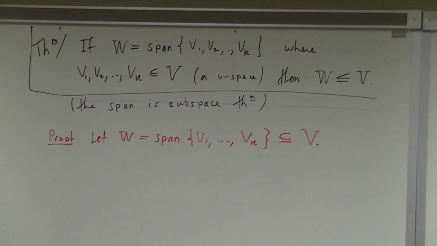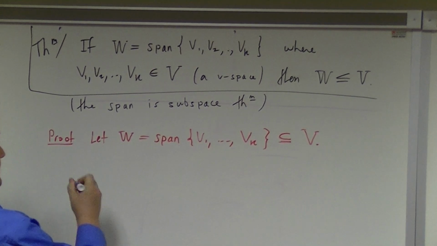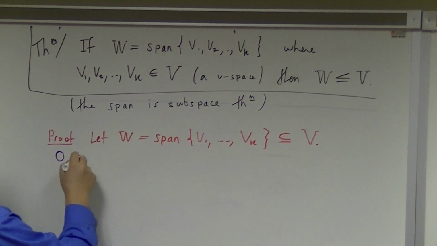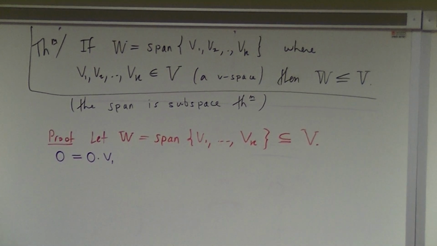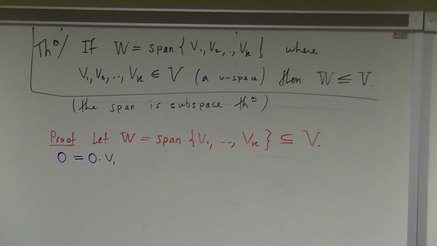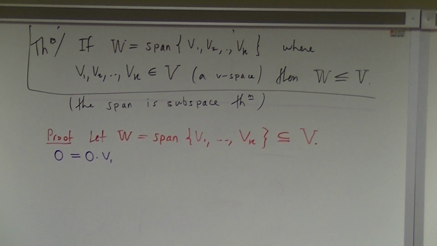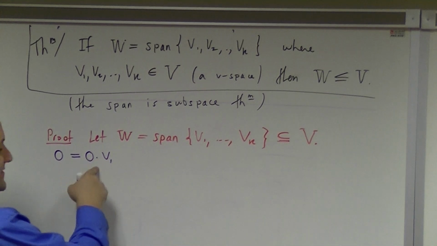Now, to show it's non-empty, you've got a lot of different things. How about let's pick out the 0 for a second. How do you get 0? How about this? 0 is equal to 0 times V1. That was one of the boring things in the theorem I started with today. All right, there it is though. So that's a linear combination.